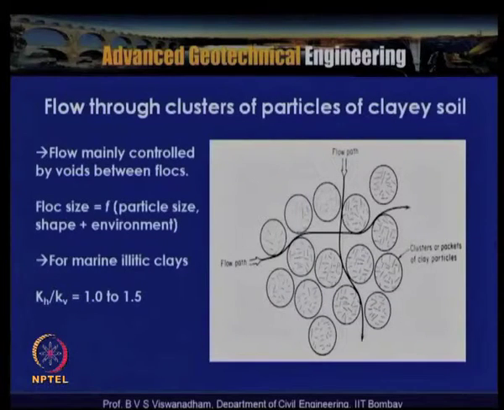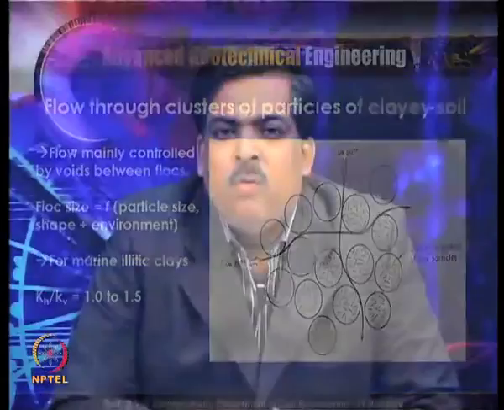A soil with a flocculent structure will be isotropic in nature, in the sense that the number of flow channels available in any direction will be identical, whereas in a dispersed structure the flow along the parallel layered particles will be higher compared to the perpendicular direction because of the increased tortuosity for the flow.